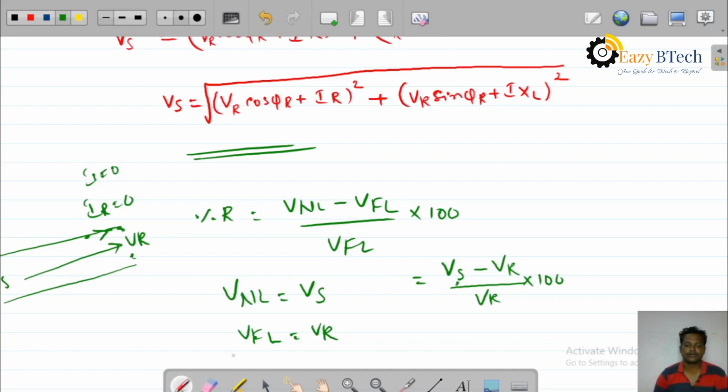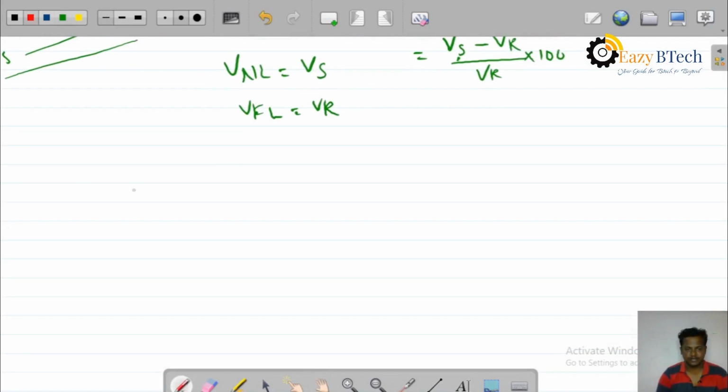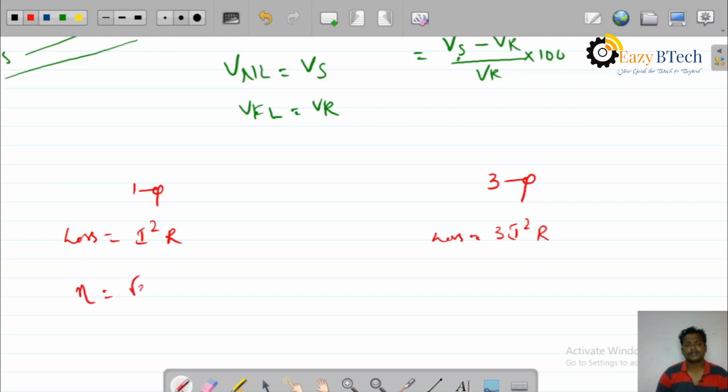Now, for efficiency of transmission line for 3-phase and single phase, I am writing the formula for single phase and I am writing the formulas for 3-phase. Losses in single phase is I square into R, losses in 3-phase is 3 I square into R. The efficiency equals to output by input into 100.